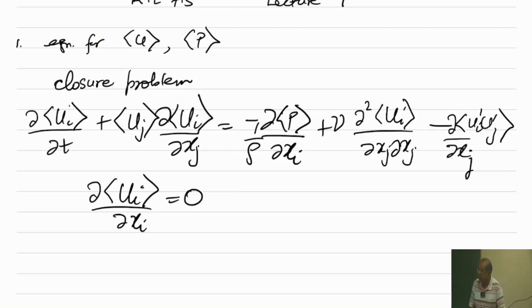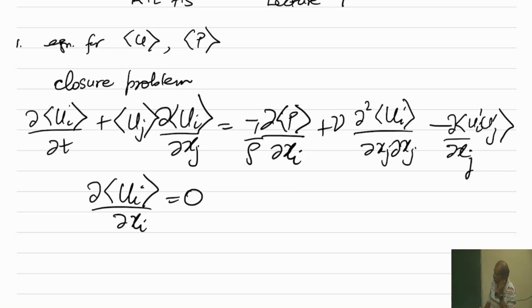I started with which equation? The Navier-Stokes equation for instantaneous velocity. I divided the instantaneous velocity into a mean velocity and a fluctuating part, and pressure also into mean and fluctuating part. Then I take the mean of the Navier-Stokes equation and I get these equations.